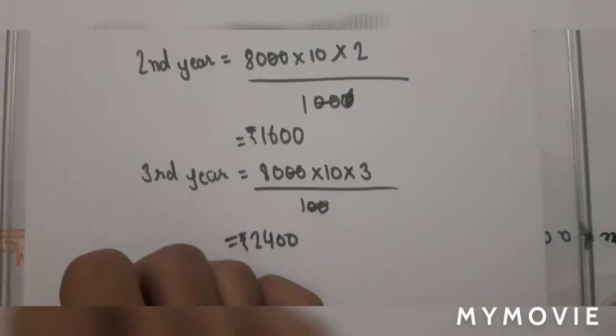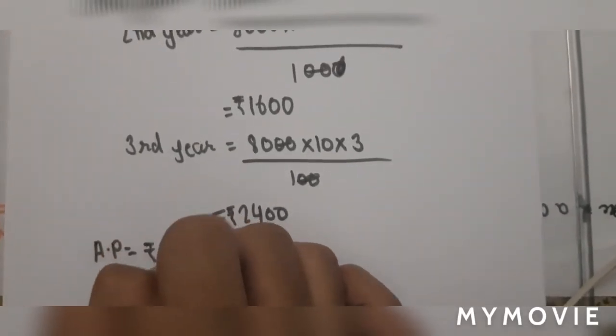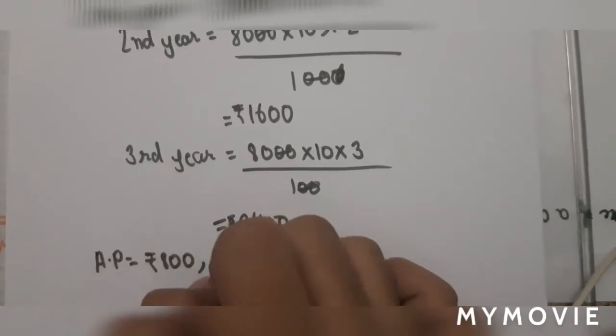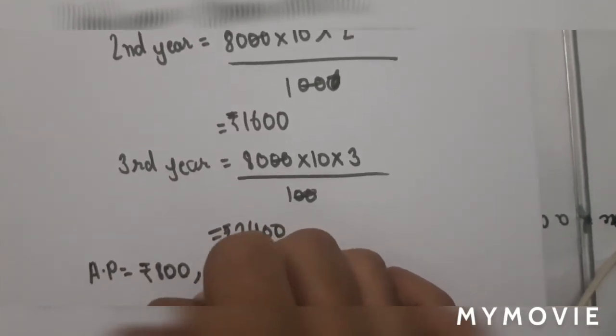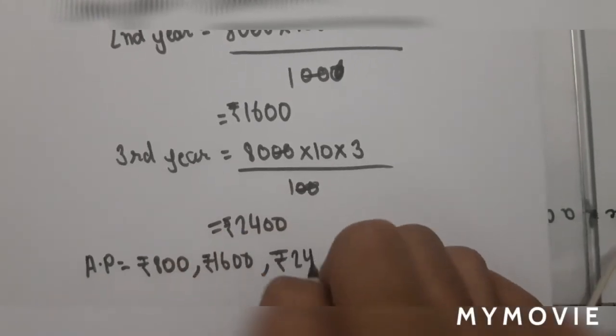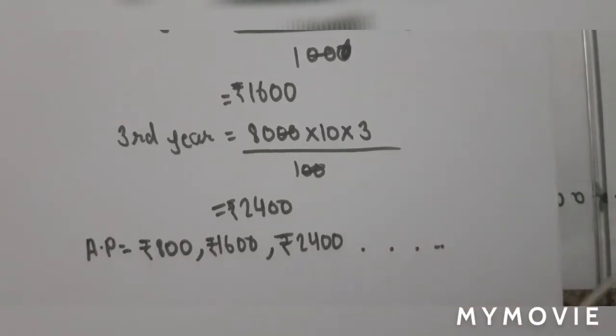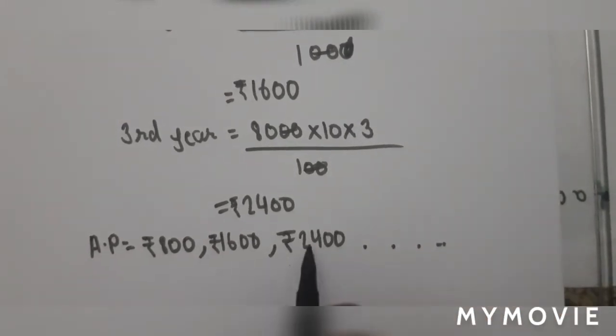So now we should check whether these interests form an AP. So the AP is rupees 800, 1600, rupees 2400. For checking it, we should find its common difference.